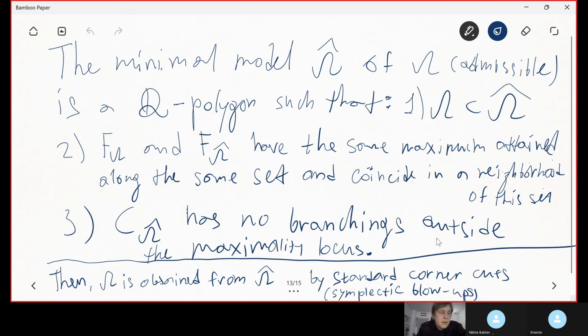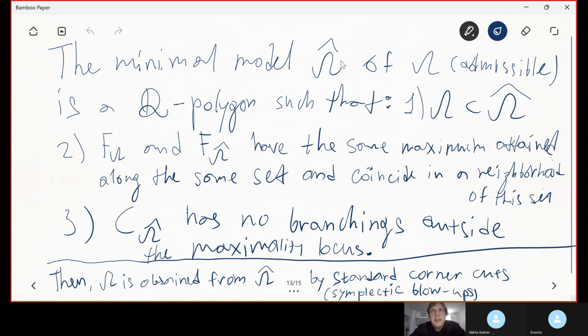Let's wrap up. So one more thing I wanted to tell you. I wanted to tell you about these formulas for the area and perimeter and so forth. And for that, I need to introduce the minimal model of an admissible domain. And this is a very easy thing.